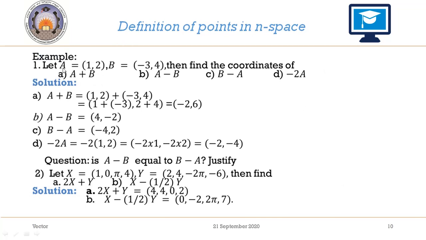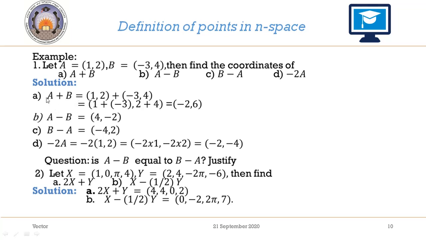Example: let A and B be points in two-dimensional space with coordinates (1, 2) and (-3, 4). Then find the coordinates of A plus B, A minus B, B minus A, and -2A. A plus B, the solution.